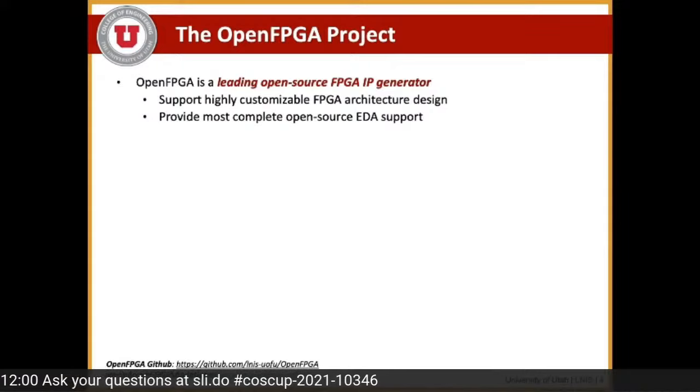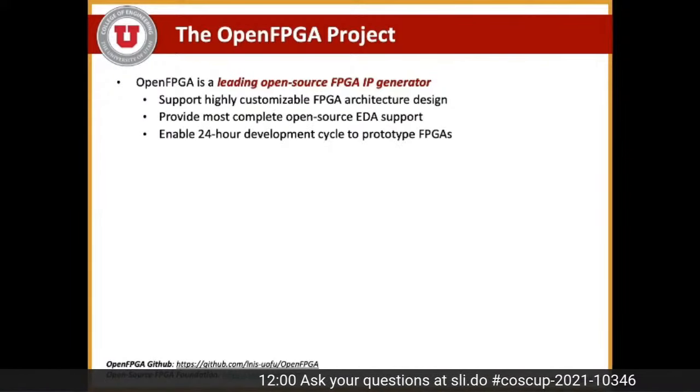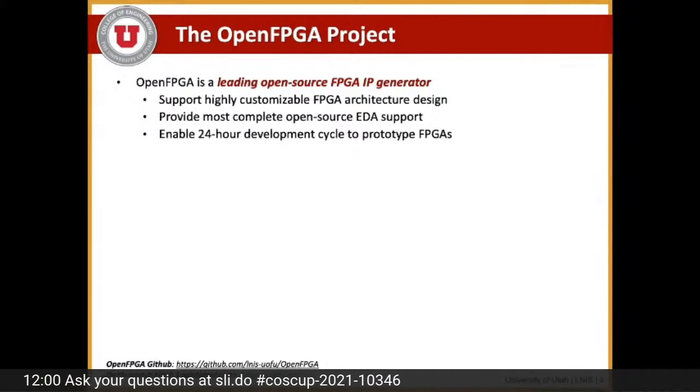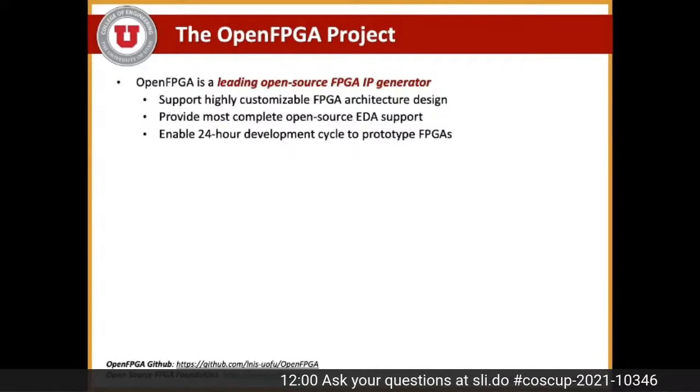We provide the most complete open source EDA support for the FPGA IPs that are going to be generated. We also enable a 24-hour development cycle for FPGA IP generation, which is currently the leading tool you can have in the field.